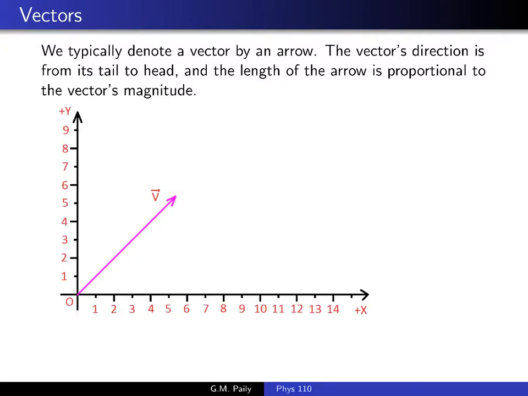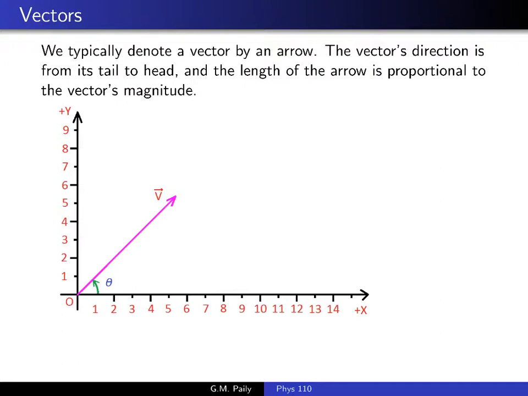If I include a set of axes, it becomes a bit easier to define the direction. So in this case, theta here is the angle that the vector makes with the x-axis. So the idea is that you are typically given some fixed coordinate system, and you talk about the direction of the various vectors with respect to that coordinate system.